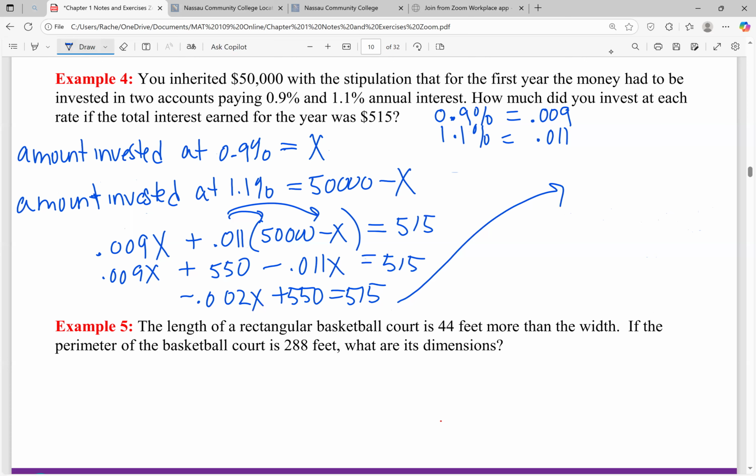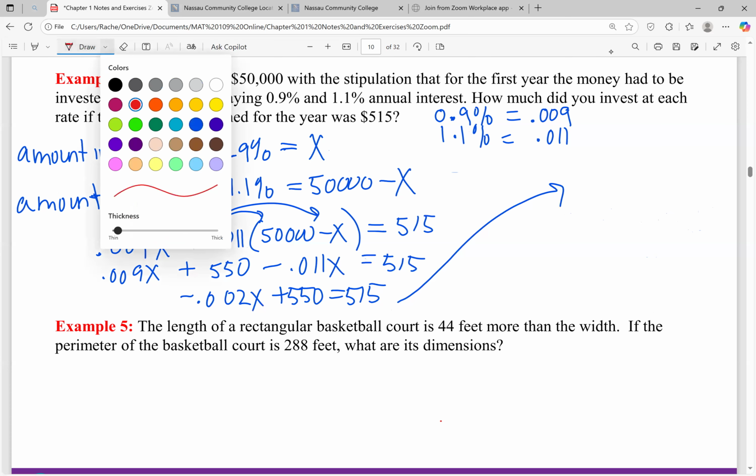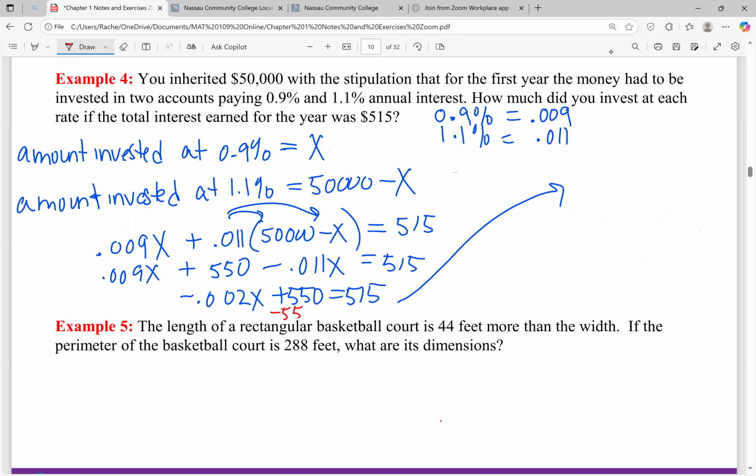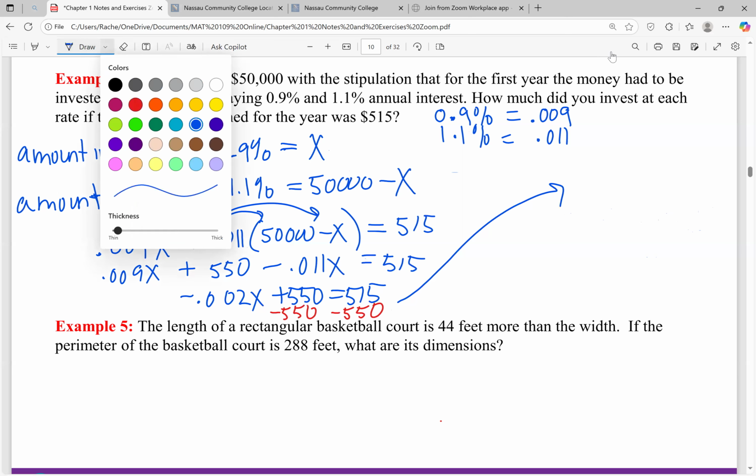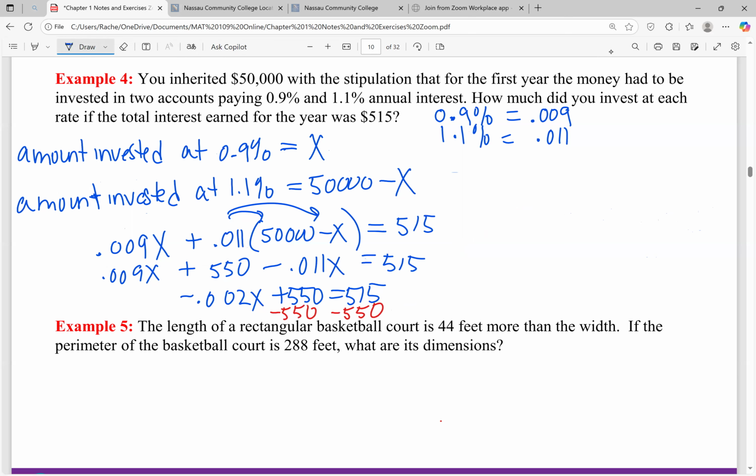And I want to get x by itself, so I'm going to subtract 550 from both sides. So I'm going to get negative 0.002x equals 515 minus 550, which is negative 35.